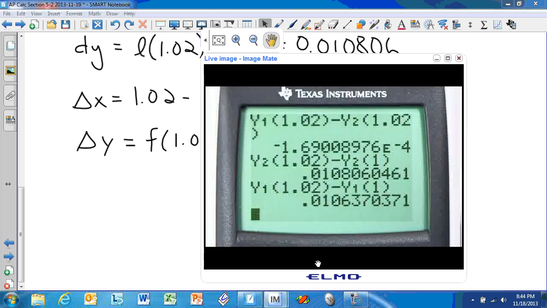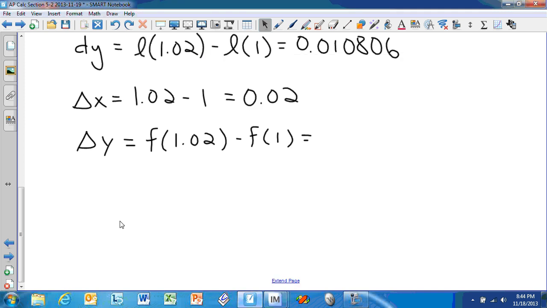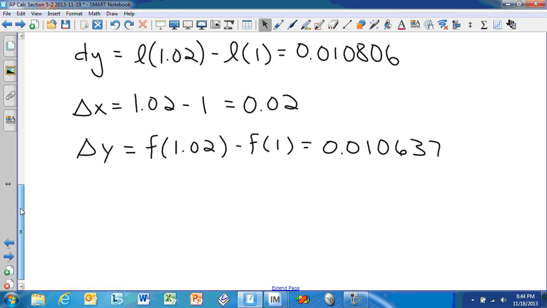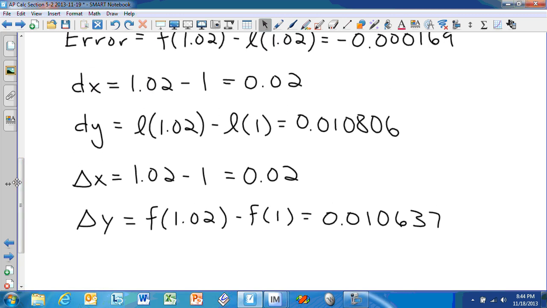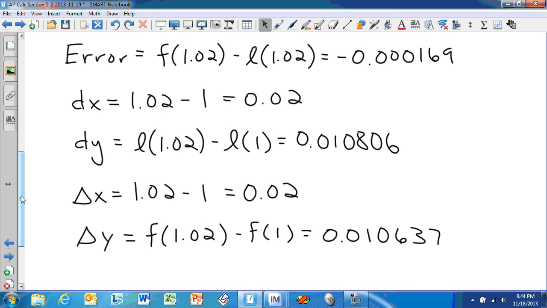And we get, again, a very small value here, 0.010637. And you can see that the difference between your delta y and dy there is very, very small. In fact, that difference is exactly our error, remember. That's another way we can calculate the error.